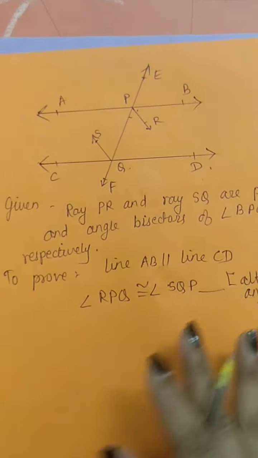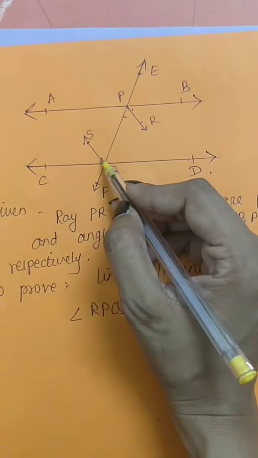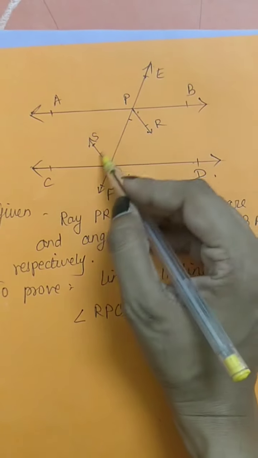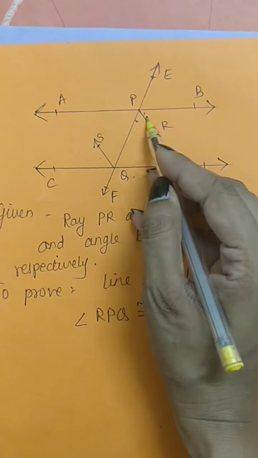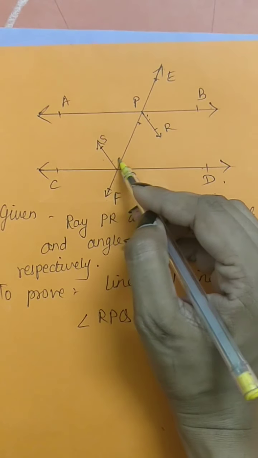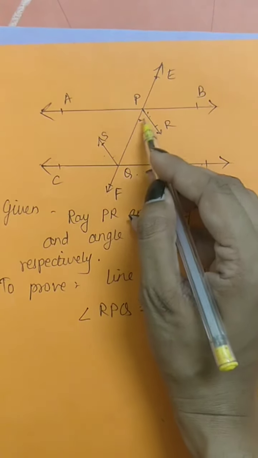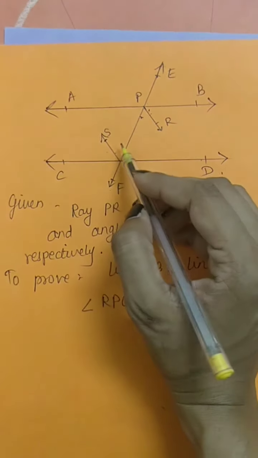And on the basis of what we are saying this? Because they have given that these two are parallel to each other. Okay, so if these are parallel, then we can definitely say that this angle and this angle are congruent because they are alternate angles.